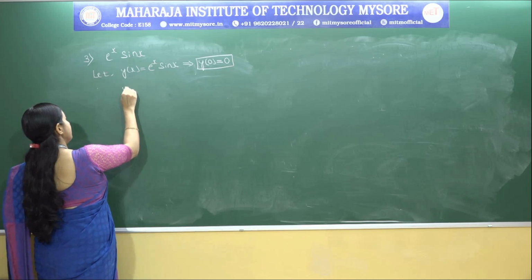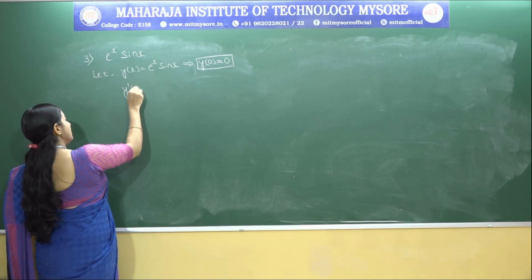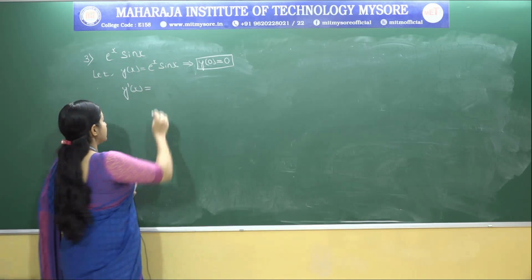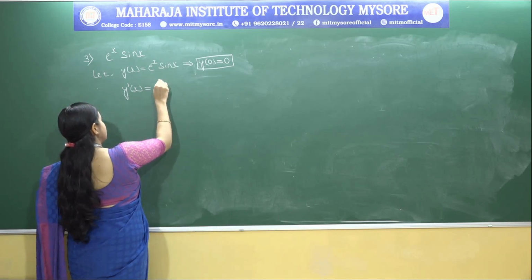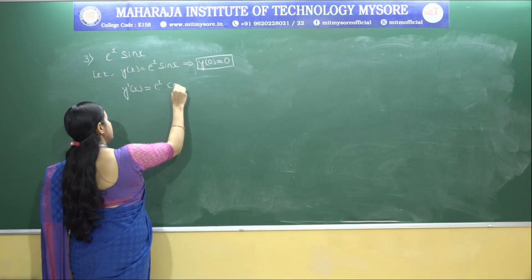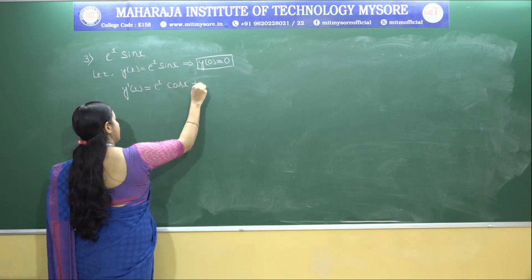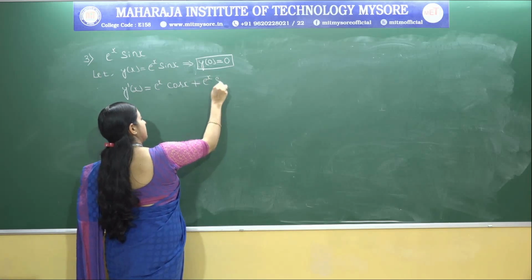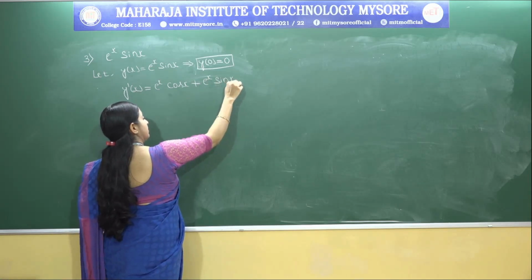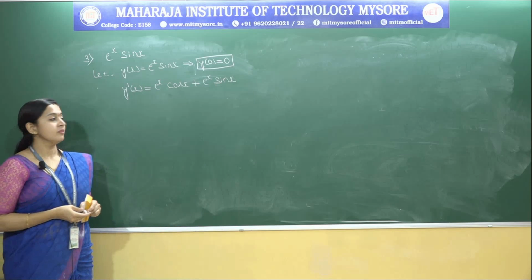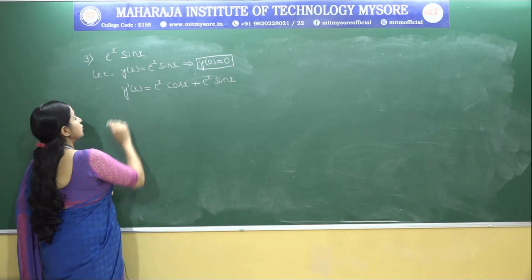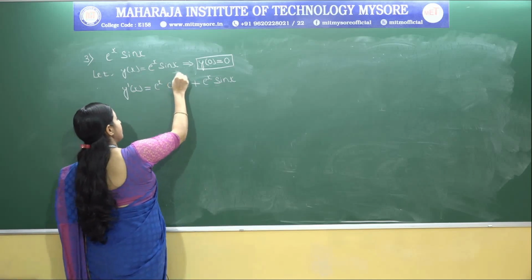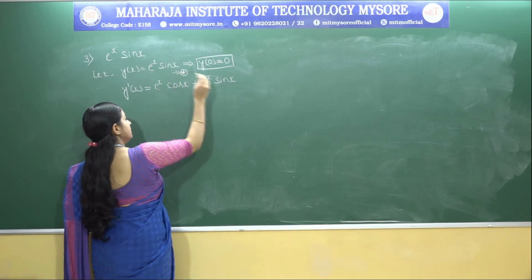Same for the second term, differentiate this. Since one is exponential and the other one is trigonometric, take the product rule. So the first term e power x, sin x differentiation is cos x, plus e power x differentiation is e power x sin x. To make the differentiation easier, keep this equation as the equation star.